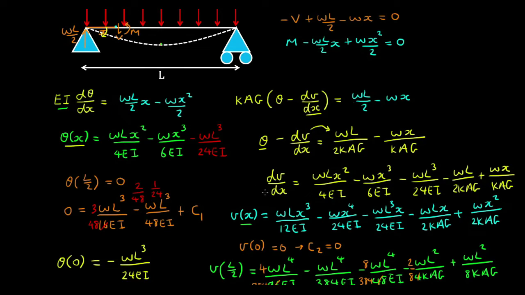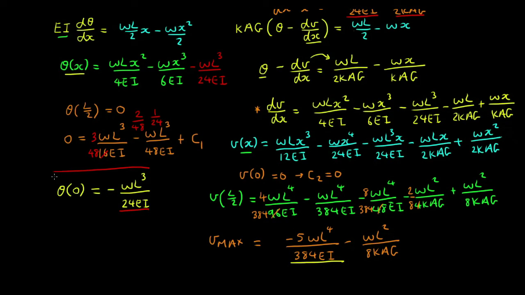And if you want the net rotation of the centroid at the support, including shear effects, you substitute x equals 0 in this expression, and what you get is dv dx at x equals 0 is minus WL cubed on 24 EI minus WL on 2 kappa Ag. So this is the bending rotation of the Euler-Bernoulli beam, and then minus a shear term, which gives the net rotation of the neutral axes of the Timoshenko beam. And these are our results.